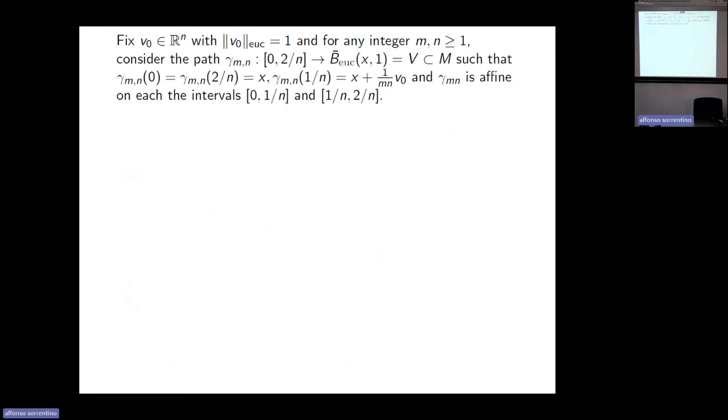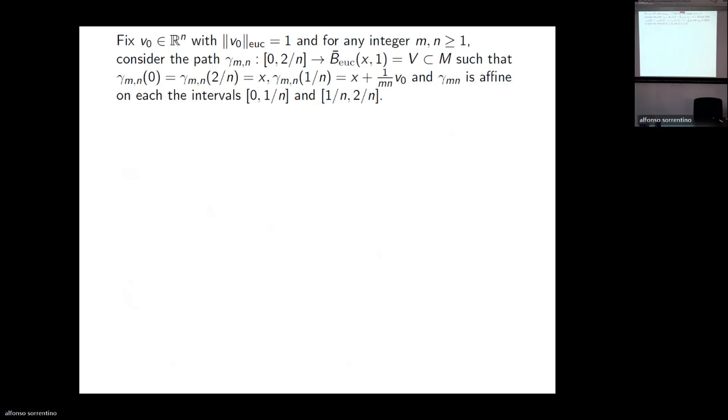Now fix v0 in Rn of norm 1, and for any integer m, n, consider the path gamma mn parameterized by the segment 0, 2 divided by n with values in the Euclidean ball of radius 1 around x, which has the property that at 0 and 2 over n it's at x, and at 1 over n it's at x plus 1 over m n v0, and between the points it's affine.